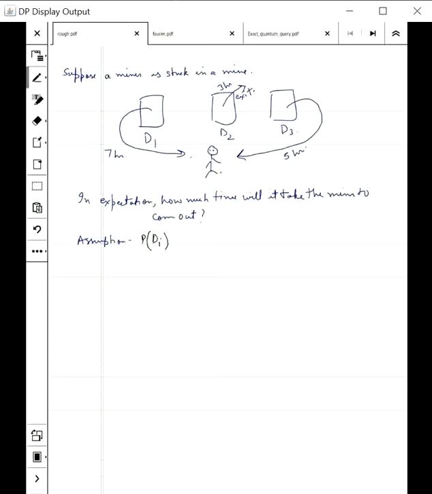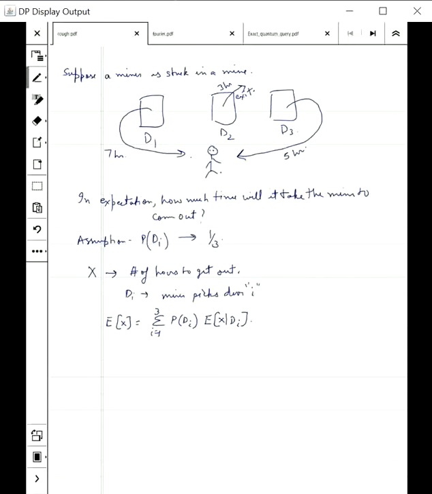Let's see how to calculate this expectation. Suppose X is the random variable which counts the number of hours to get out. Obviously there are three important events: Di, the miner picks door i. And we want to apply the partition theorem. That means the expectation of X is the summation from i equal to 1 to 3 of the probability of Di times the expected value of X given the miner picks door Di.